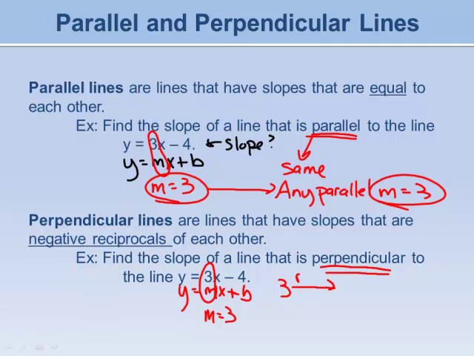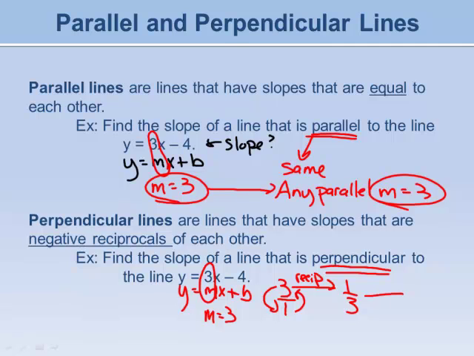So let's start with finding the reciprocal. The reciprocal of any number is simply flipping the number over. Your numerator becomes your denominator, and your denominator becomes your numerator. So 3, which is the same as 3 over 1, if you flip that over, becomes 1/3.